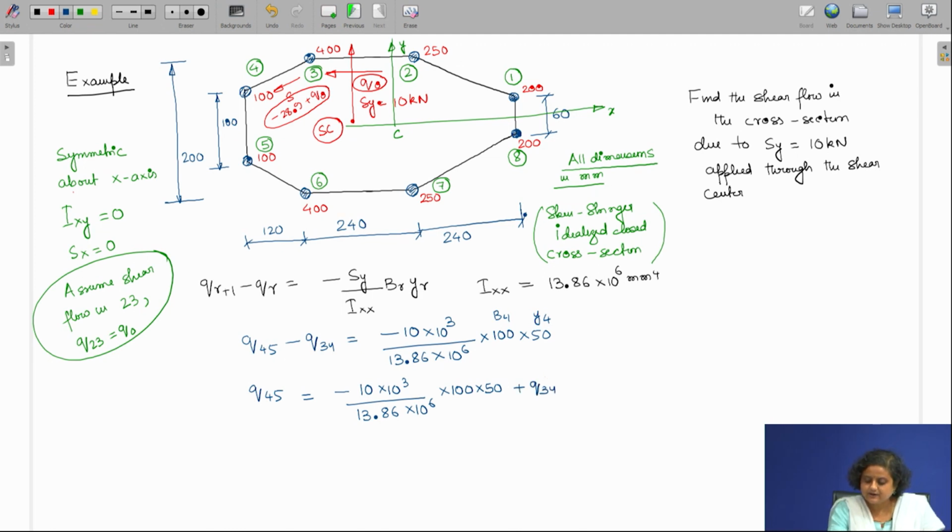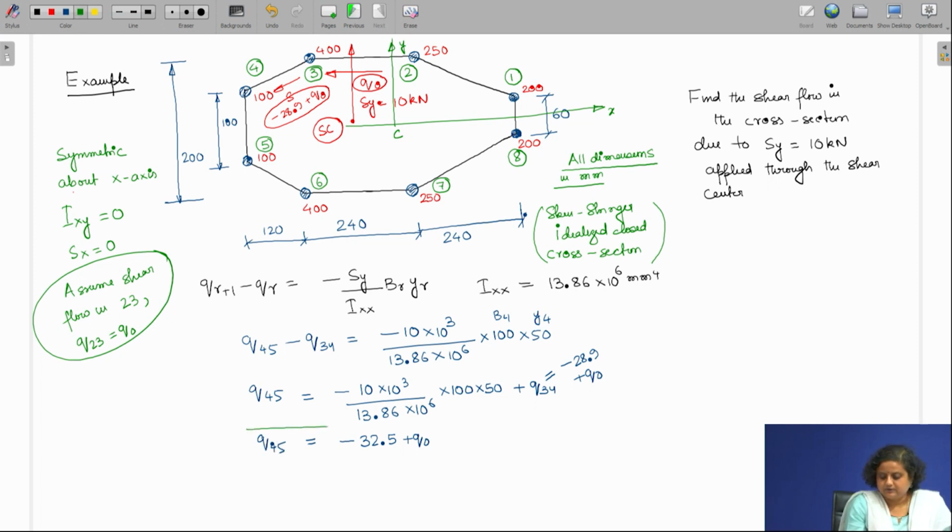Now, Q34 is minus 28.9 plus Q0. If we evaluate this, this is going to be minus 32.5 plus Q0.